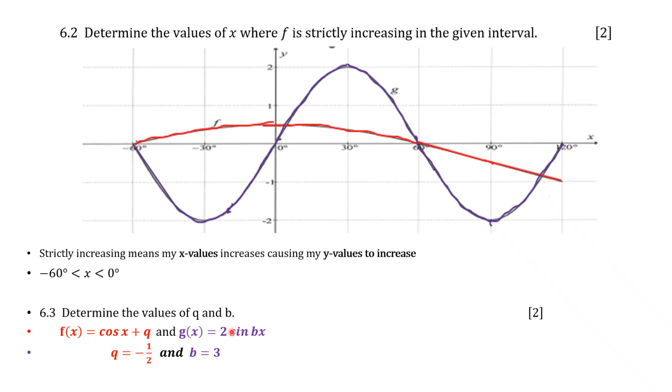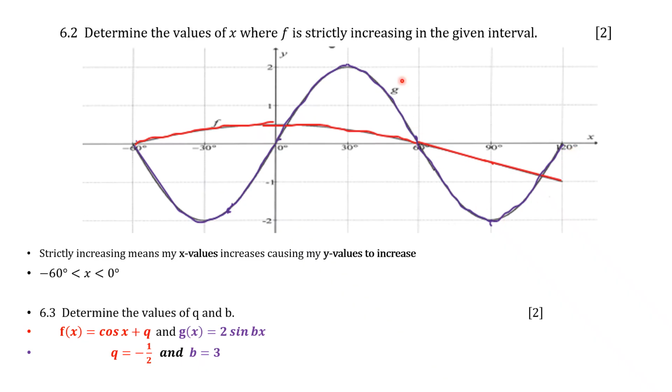If you look at sine, for it to be a full graph, it needs to go 360 degrees. If you look here, we start at 0 for g and go all the way to 120 to plot one full graph. Remember, one crest and one trough make one full graph.